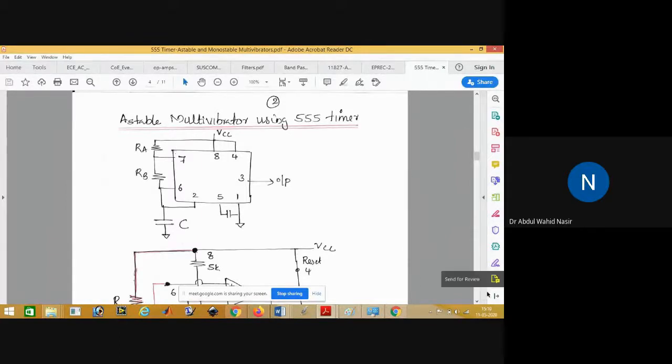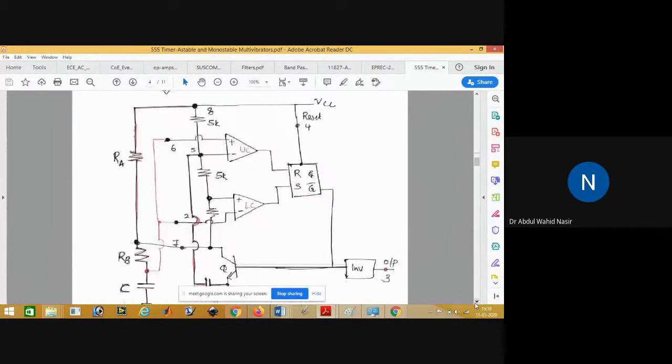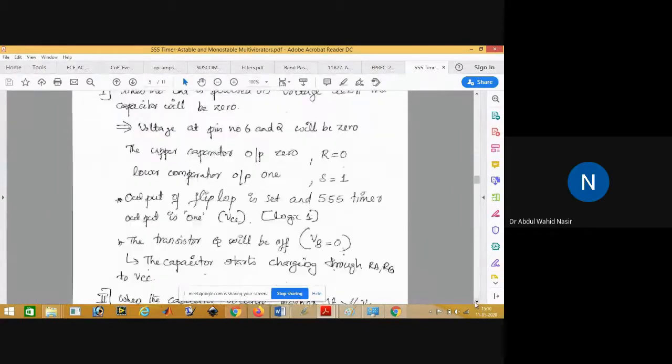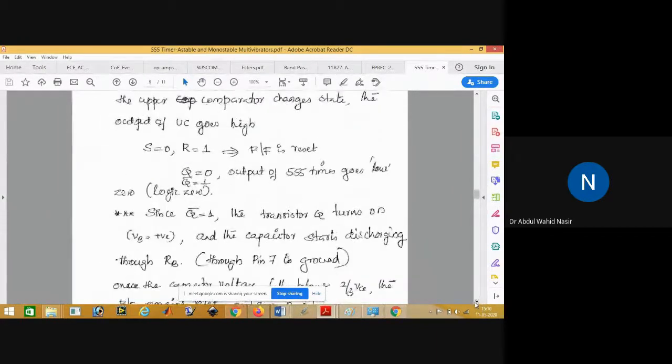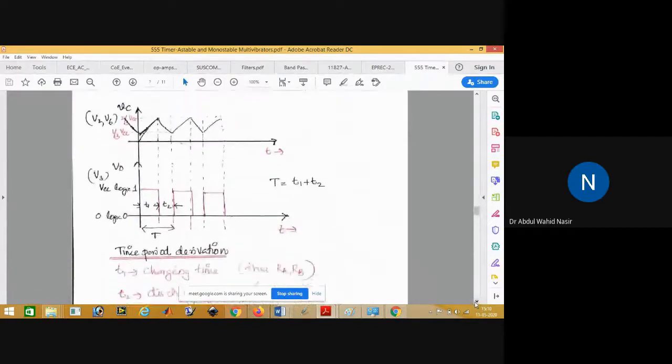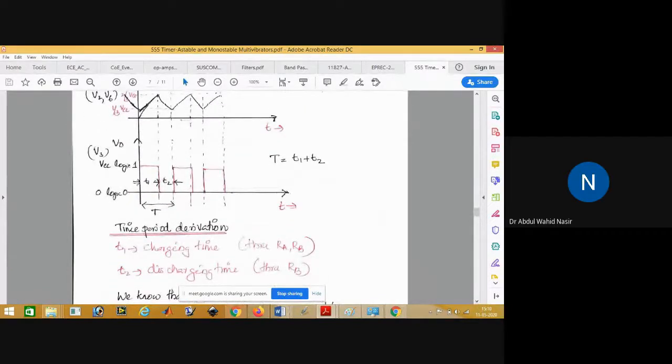As we have seen, if we select a particular value of RA and RB, we can have a specific T1 and T2. Clear? Depending on RA and RB, you will have T1 and T2. Now come to the experiment.